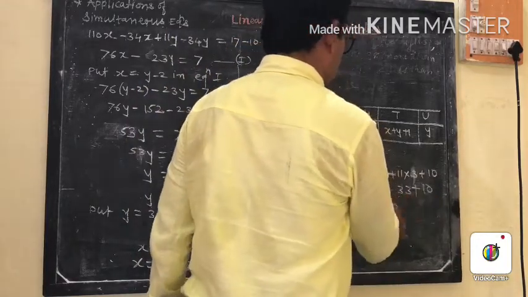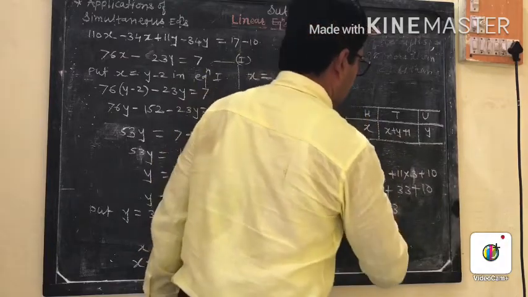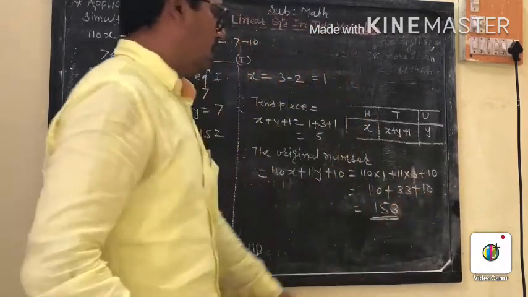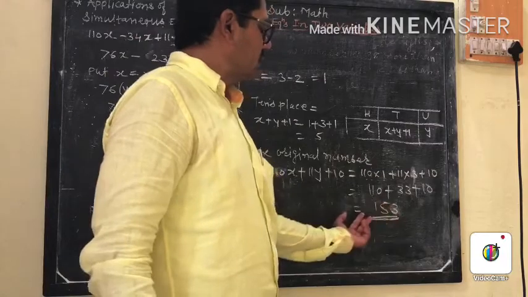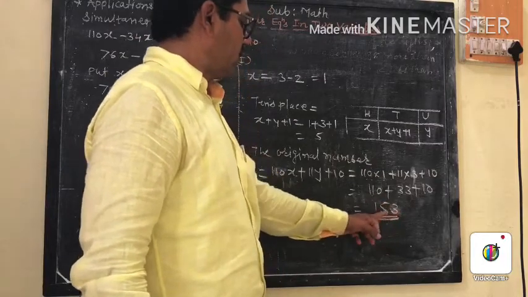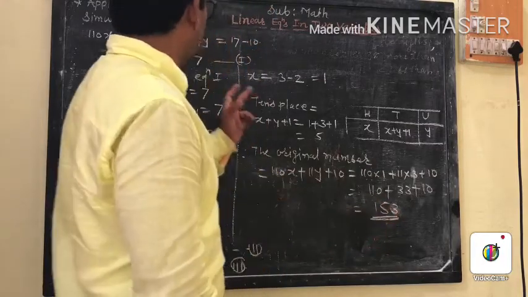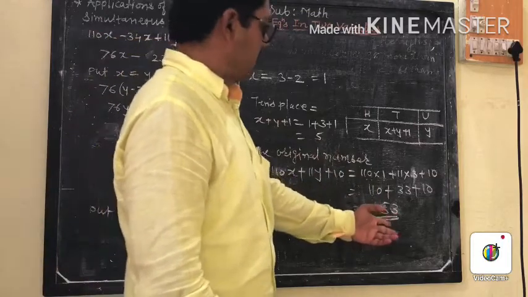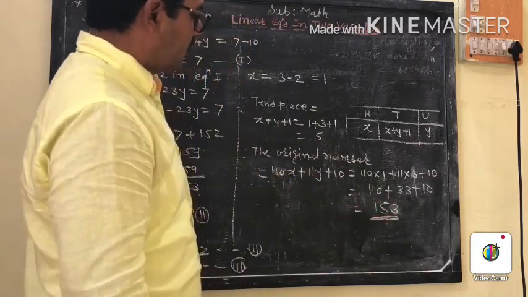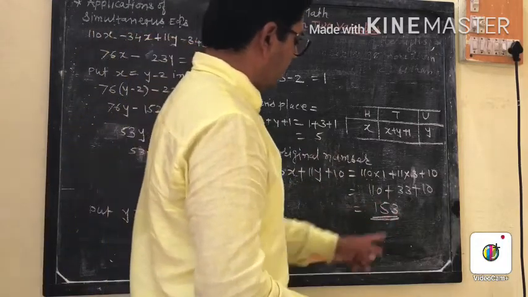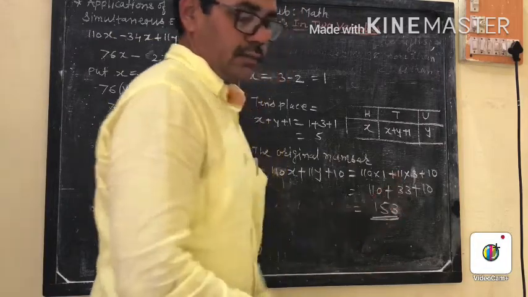This is the original number, and you can check also by reversing the number, it becomes 351. If you subtract 198, you get the same number.